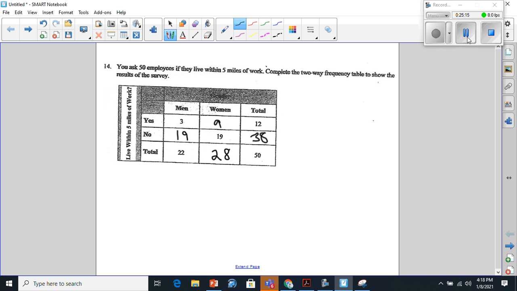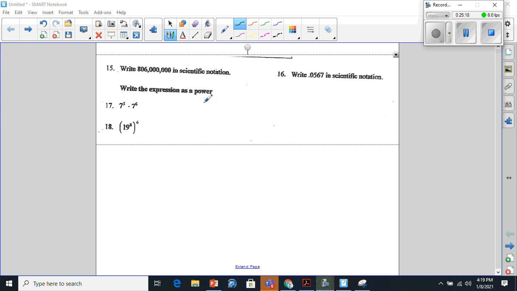All right, let's go to number 15. I decided to get the rest of these up on here. Let's go with this one. Write 806 million in scientific notation. Oh boy. Well, remember, scientific notation demands that we put our decimal after the first number. So we know this is going to have to be 8.06.